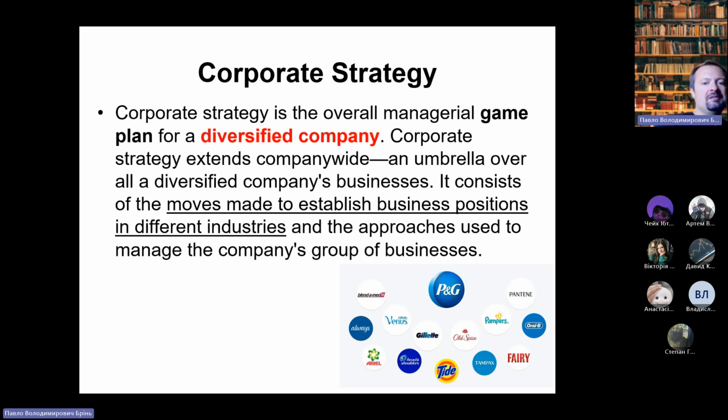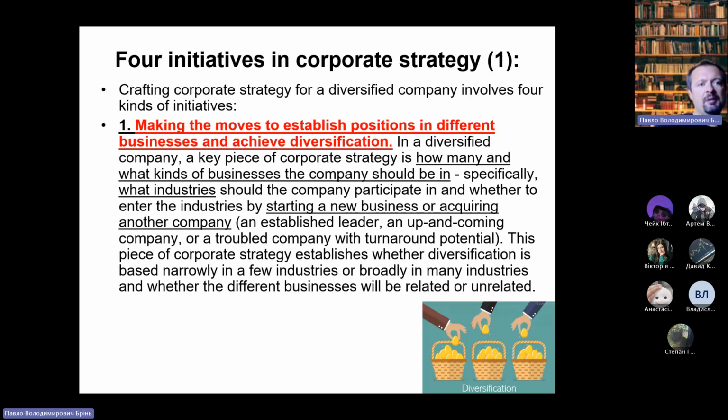So we have to connect everything within our company. And when presenting the corporate strategy, I said that it's like an umbrella.